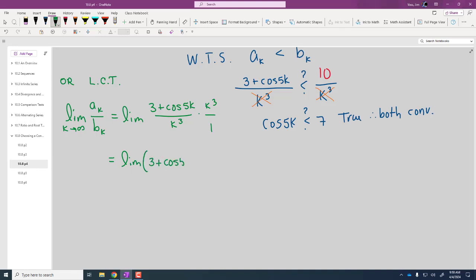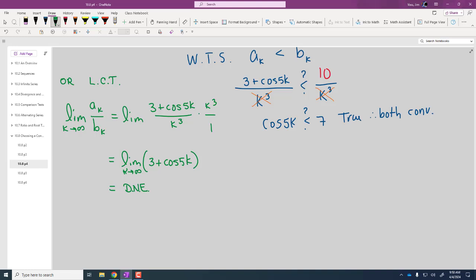And oh gosh, the limit comparison test says if the limit exists and is a positive real, both series do the same thing. This limit, as k goes to infinity, does it exist? No. This limit does not exist. So that tells us that this is an example where the limit comparison test is inconclusive.